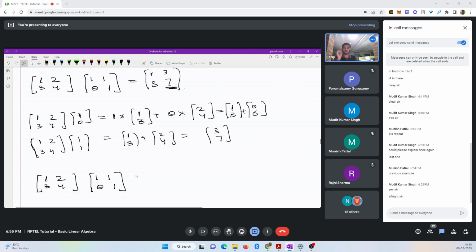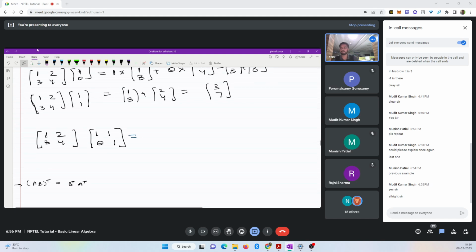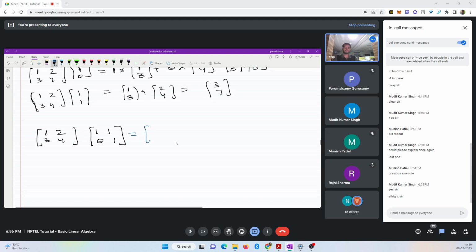To obtain our first row, we take 1, 0 and this is 1 into the first row plus 0 into the second row.